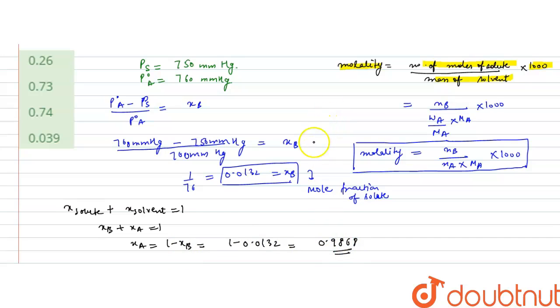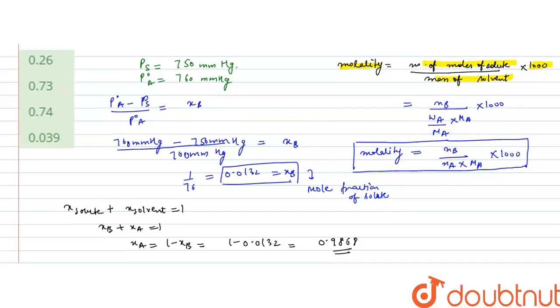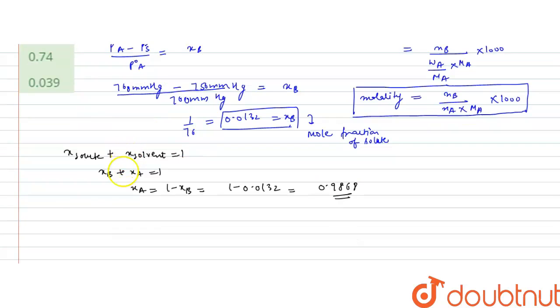Now to calculate molality, we require the number of moles of solvent and number of moles of solute, but we have the mole fractions. The mole fraction of solute is number of moles of solute divided by the total number of moles, and the mole fraction of solvent is number of moles of solvent divided by total number of moles.